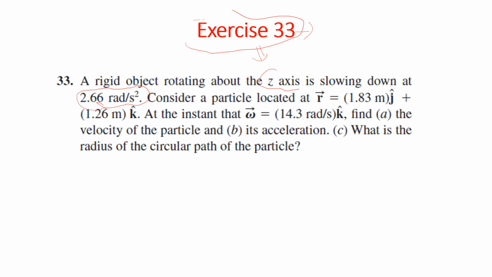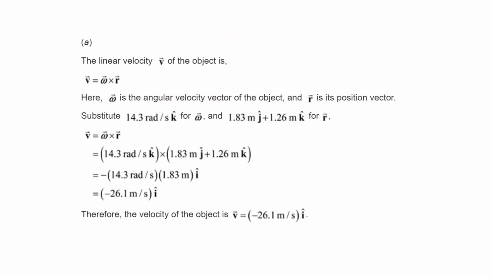Consider a particle located at a position vector r with the j unit vector and the k unit vector. So we can say it's lying in the y and z axes. At an instant, there is an angular velocity. Find the velocity of the particle, its acceleration, and the radius of the circle.